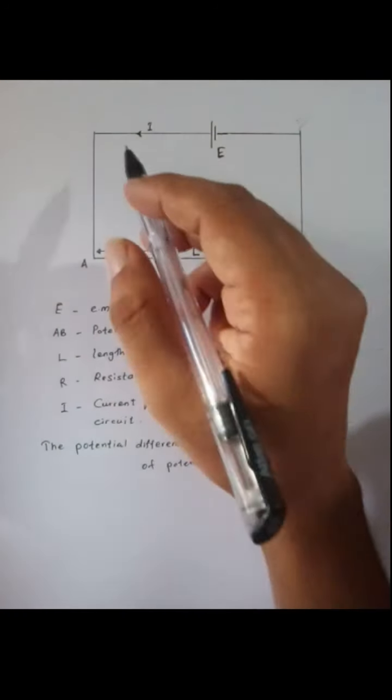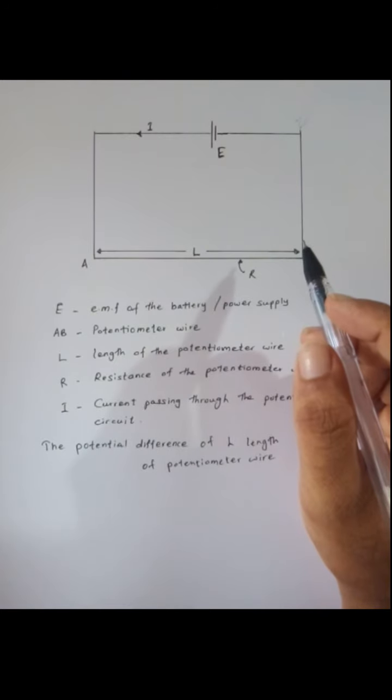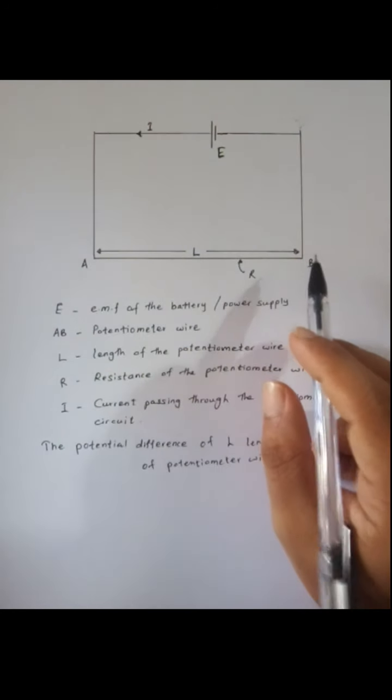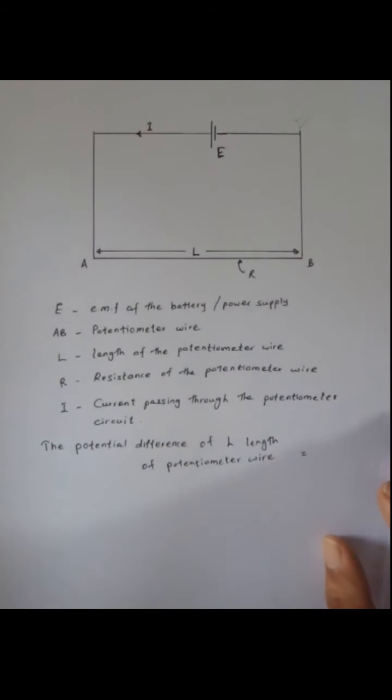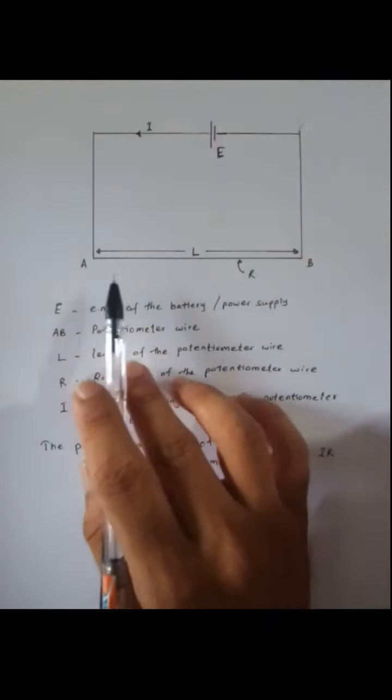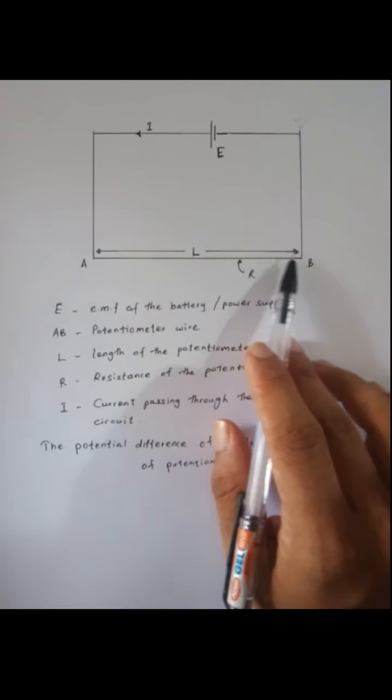Here the current through the potentiometer wire is capital I, and the resistance of the potentiometer wire is capital R, and from Ohm's law we know that the potential difference is equal to I times R, right? So this is the total potential difference in the length of capital L.